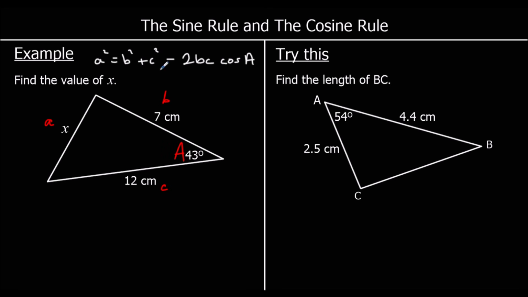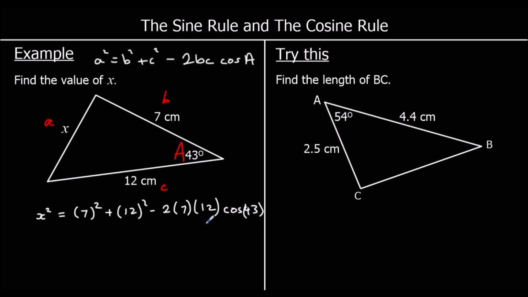So let's substitute into our rule. So we've got x squared equals 7 squared plus 12 squared minus 2 times 7 times 12 cos 43.